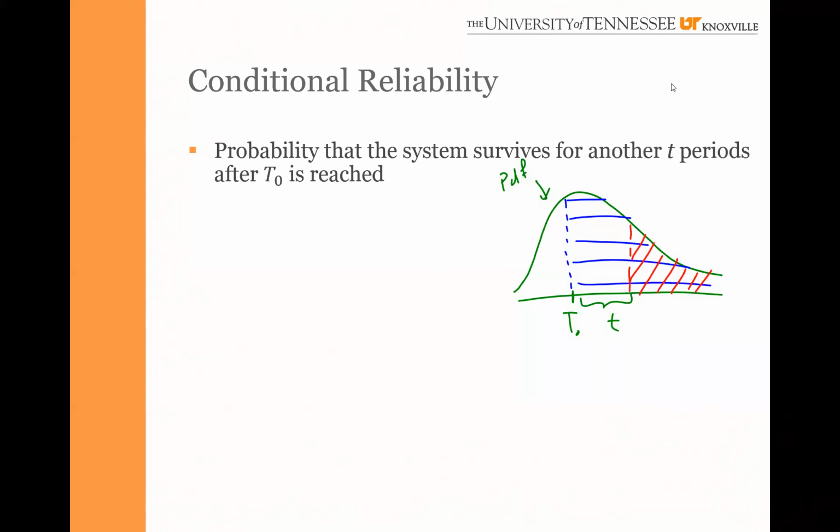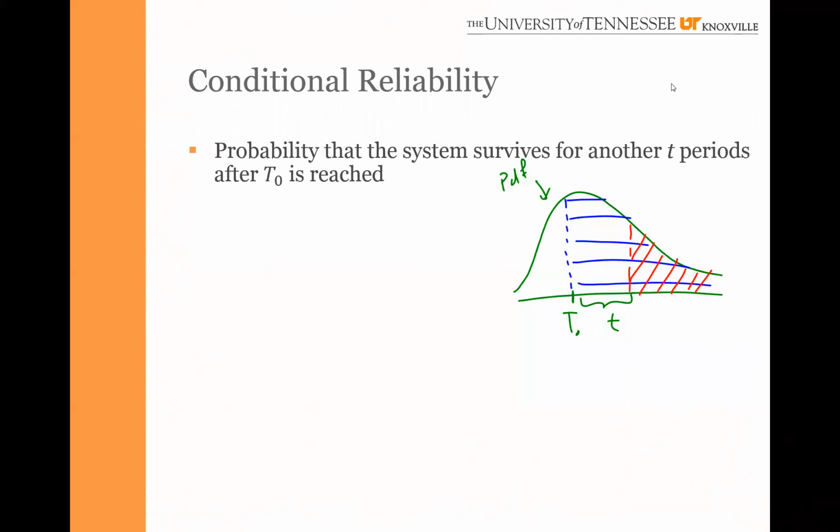So it's kind of the same thing. I'm not interested in everything, right? I'm only interested in those components that are going to survive beyond T0. And I'm interested to learn what is the likelihood that out of those, some are going to survive longer than T0 plus T. So that is called conditional reliability.